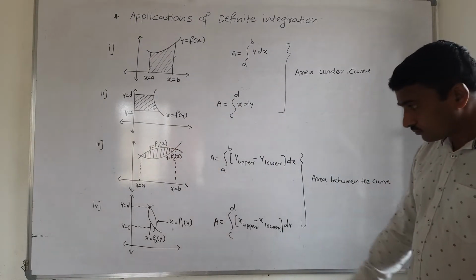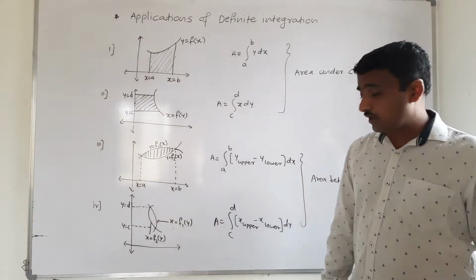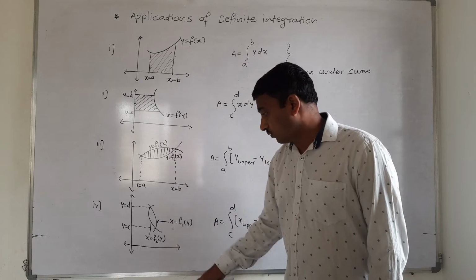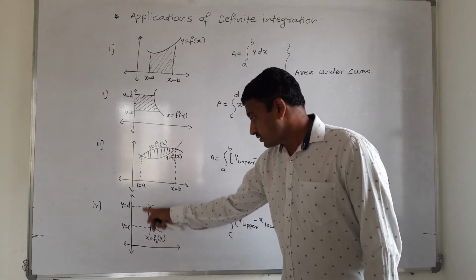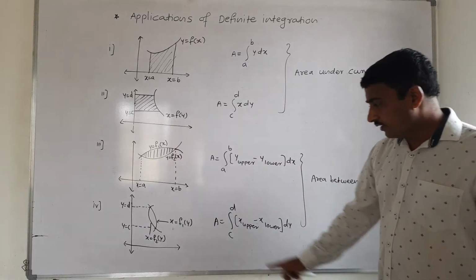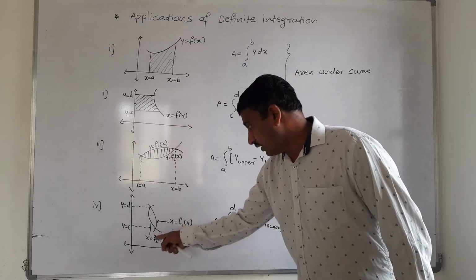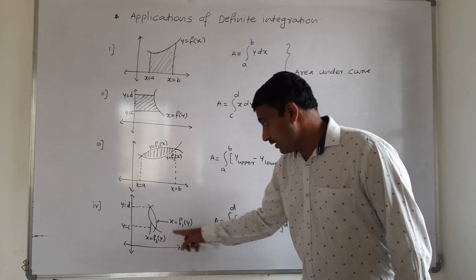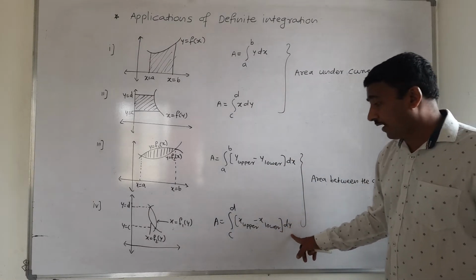Next, same curves but if they are known on the y axis, that is the y coordinates are known, then the first is x equal to f1(y), second x equal to f2(y), y is equal to c to d. Then the area is equal to integral from y equal to c to d, writing the upper curve x in terms of y and lower curve x in terms of y, of (x upper minus x lower) dy.